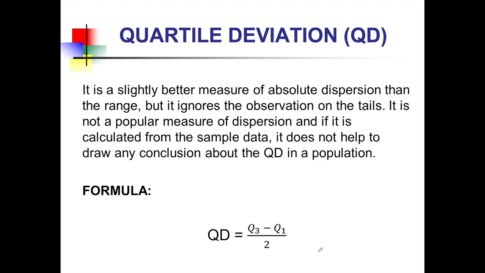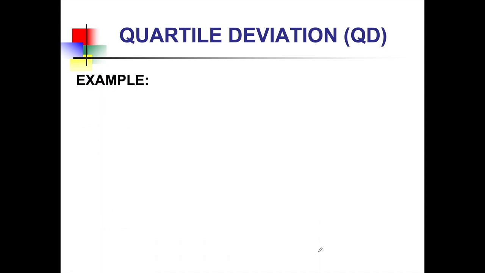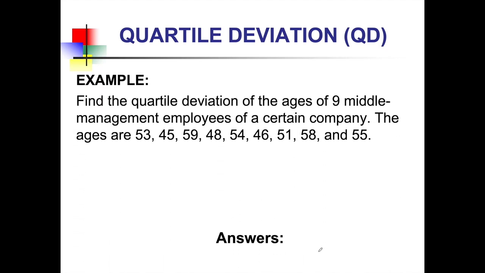So, ito, kung kanina sa Midhinge, no, in-add natin sila tapos divide sa 2. Ito naman, minus natin sila tapos divide sa 2. Still, ang gamit natin is Q3 and Q1. So, ayan, pareho pa rin tayo ng ginagamit na problem. Q3 natin is 56.5, no? Tapos, ang Q1 natin is 47.